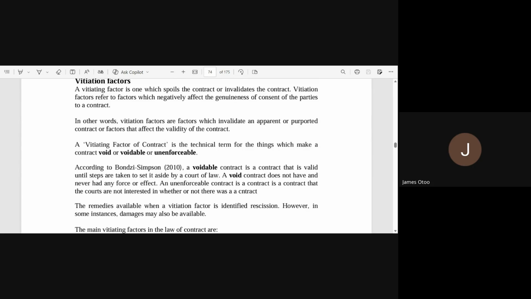Voidable means that the contract is valid until one of the parties takes steps to set the contract aside at a court. Now, an unenforceable contract may be valid, but you cannot enforce it at a court.